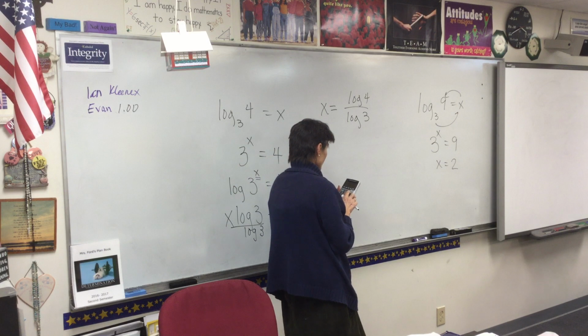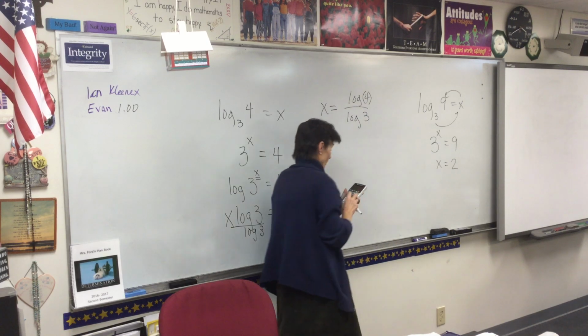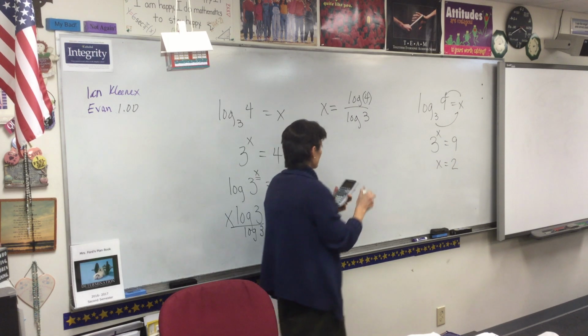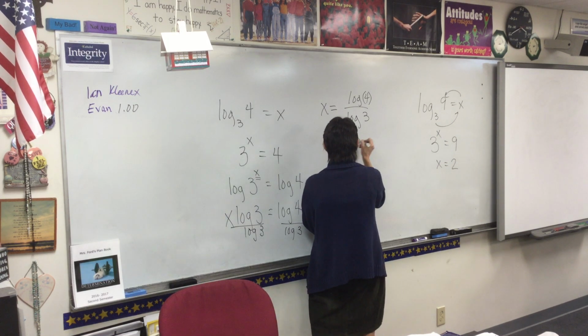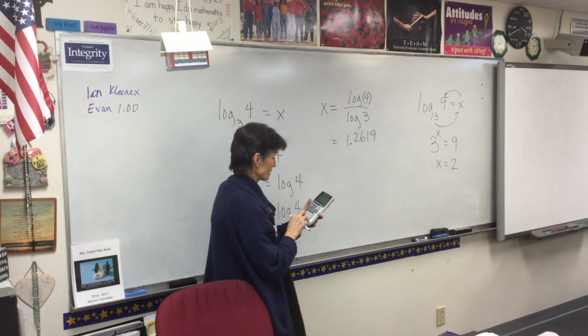So we're going to press log 4 and close the parentheses, people, because then you're going to say divided by log 3. And you should get 1.2619 as your answer if we round it to the nearest 10,000.